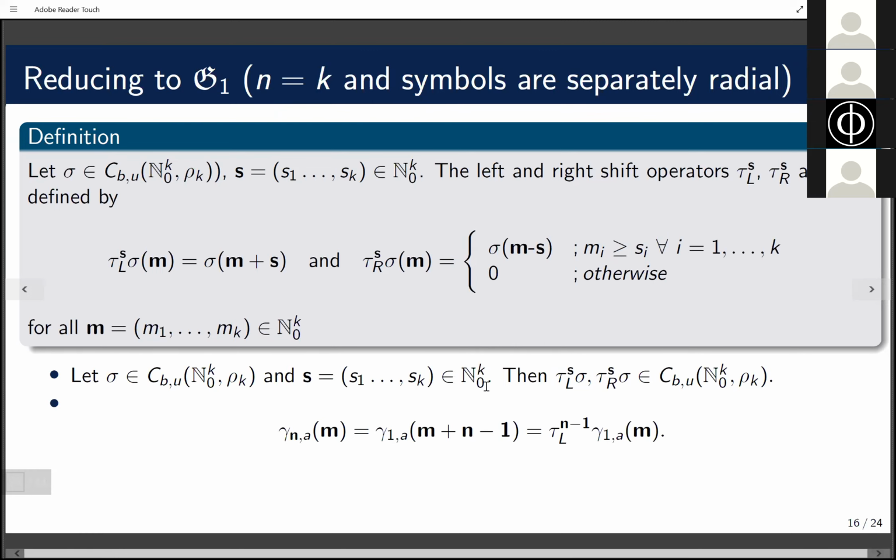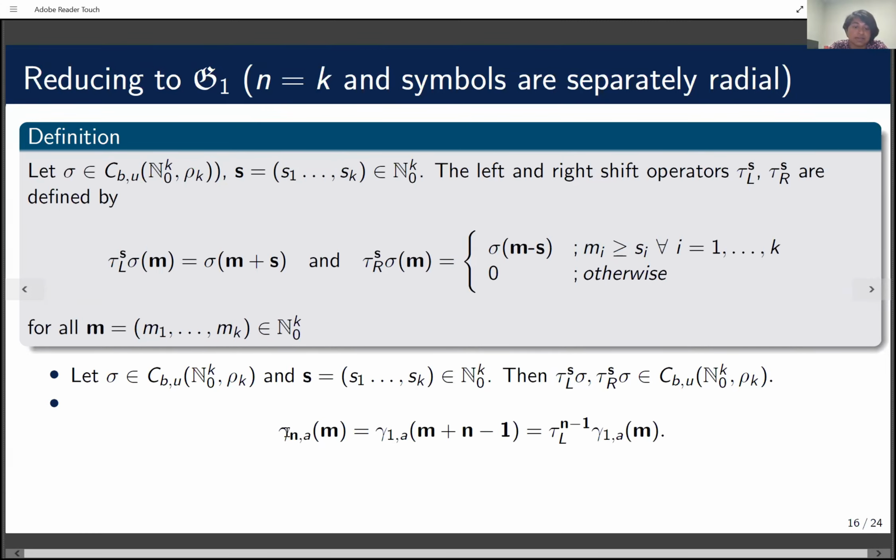Okay, and so we made this observation earlier that gamma_n^A of m is equal to gamma_1^A of m plus n minus 1. So this is the general case. This is the separately radial case. Now this means gamma_n^A of m is just what we get when you apply a left shift with respect to n minus 1 to gamma_1^A, the separately radial eigenvalue function.